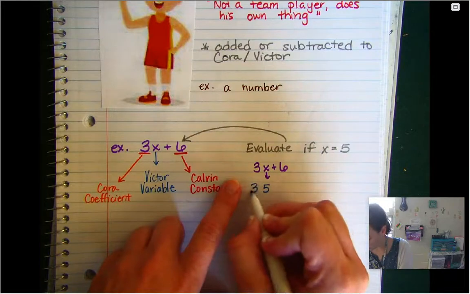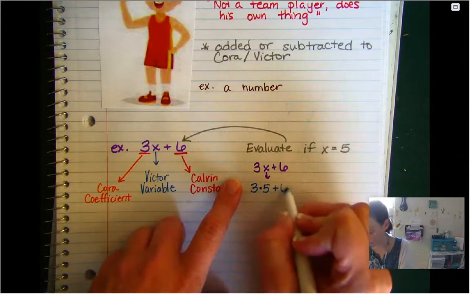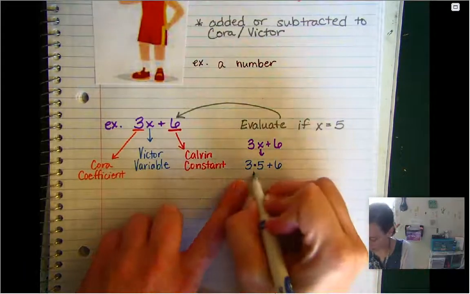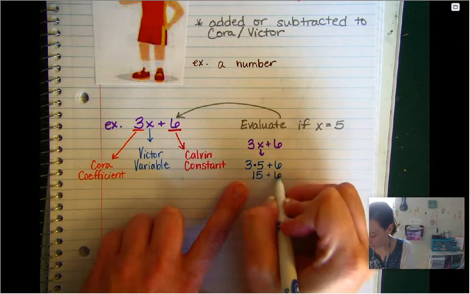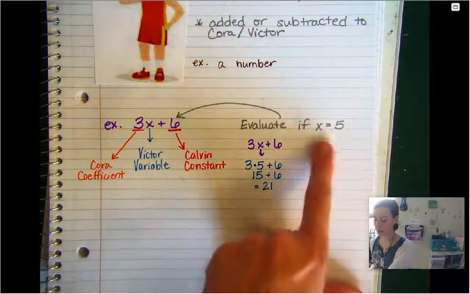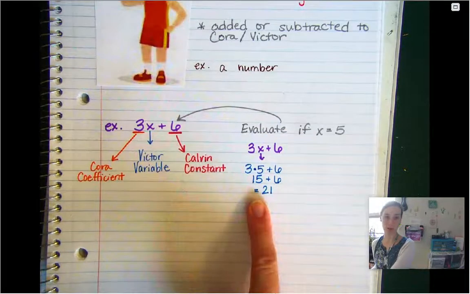So now we have 3 times 5 plus 6. Order of operations. 3 times 5 is 15 plus 6. 15 plus 6 is 21. So if x equals 5, then the answer is 21.